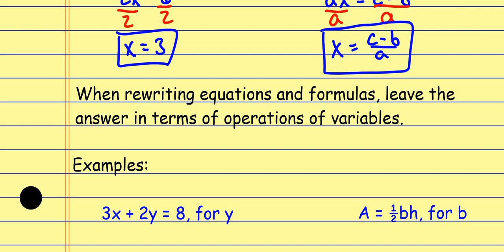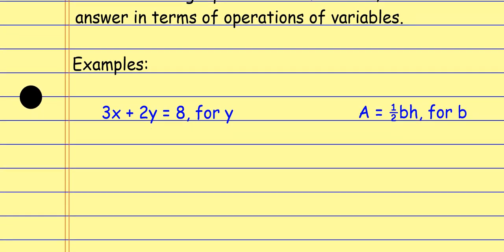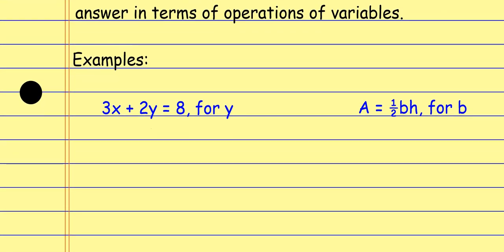For example, if I look at another one here, and this one has some numbers involved, okay, but it's got more variables than we're used to. We're used to one variable. And so this time I want to solve for y. And so you've got to think about what's happening to y. See, the y is being multiplied by this 2, and then we're adding this entire 3x, okay?